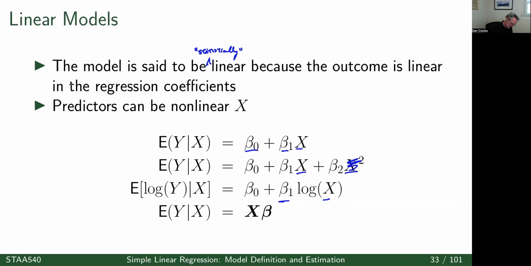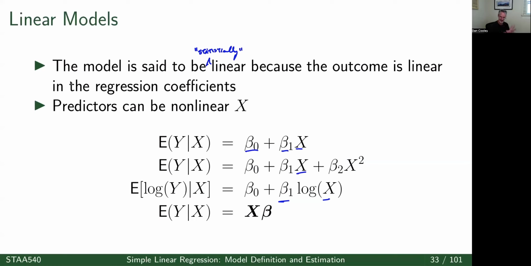Maybe a different way of thinking about that is X2, a second variable. It happens to be the squared value of X, but it's a second variable. And I'm doing a linear combination of a constant term, the first variable, and the second variable. Likewise, this is a linear model in terms of what I'm calling statistically linear.